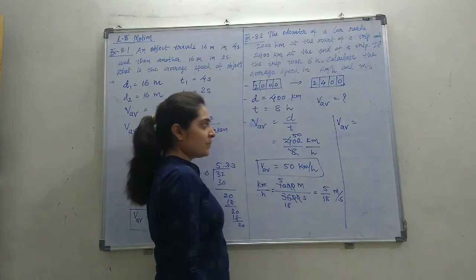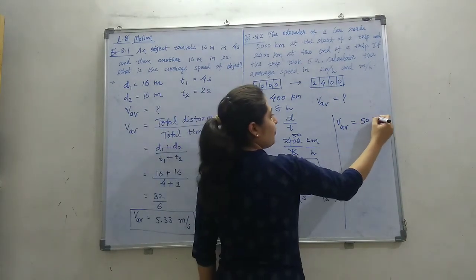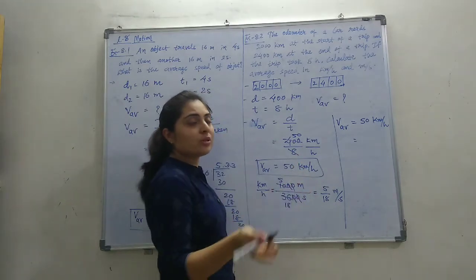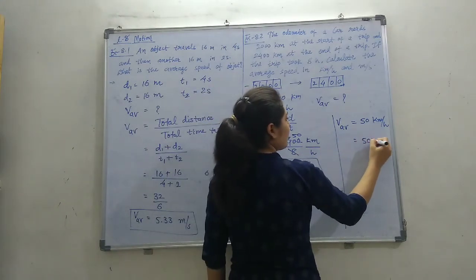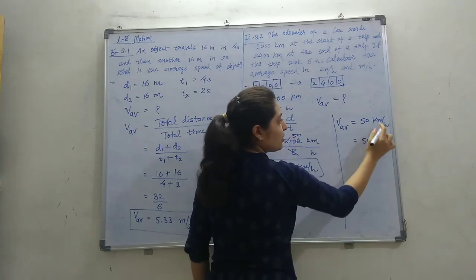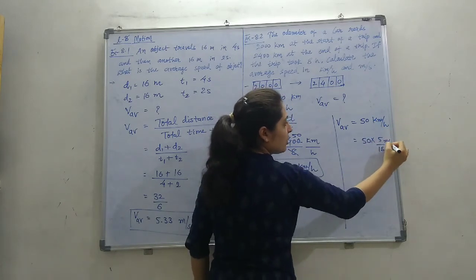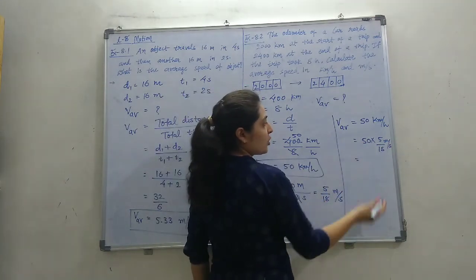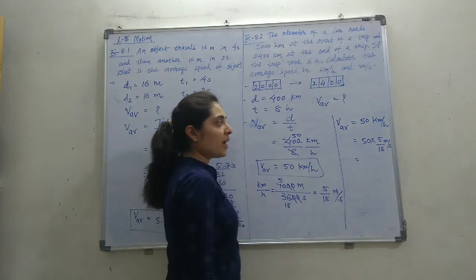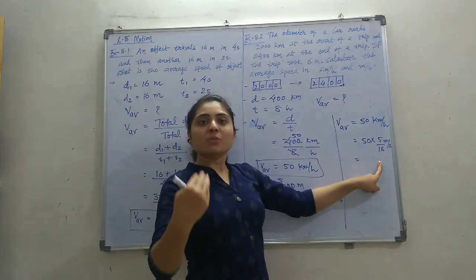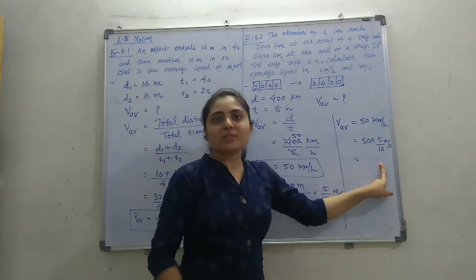So here the average speed is 50 kilometer per hour and we need to convert into meter per second. In place of kilometer per hour, I have put 5 upon 18 meter per second. So 50 into 5 upon 18. By multiplying with 5 upon 18, kilometer per hour will convert into meter per second unit.